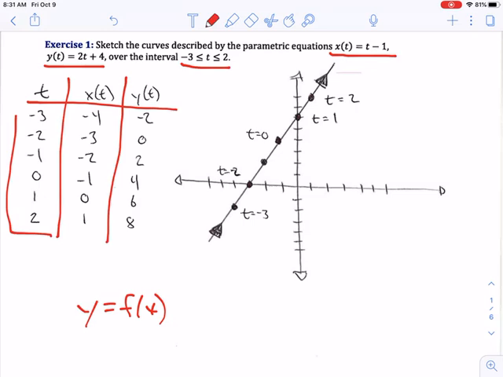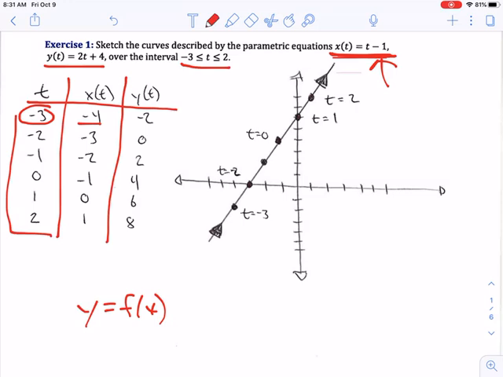All right, so to figure out when t is equal to -3, we want to find out what x of t is. We simply substitute that into our function. So when t is -3, we get -3 minus 1 is -4.